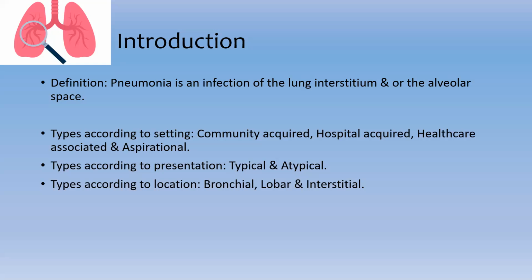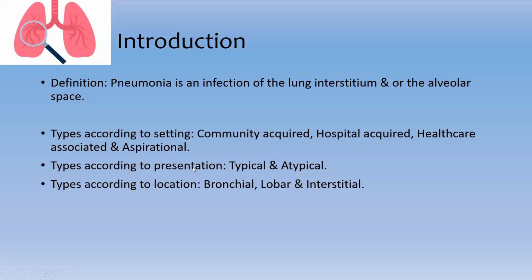So from the name, you just aspirate food or drink. A lot of the time, it's alcoholics who get this type of pneumonia, because when they overdrink and then puke, sometimes that vomitus is aspirated.